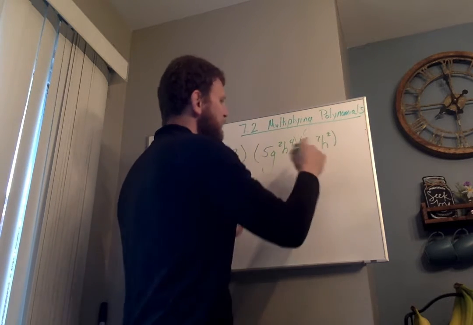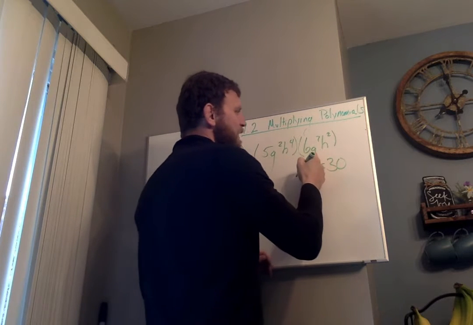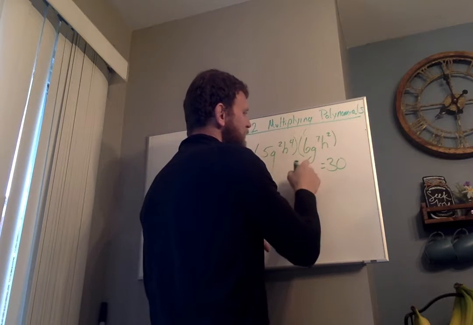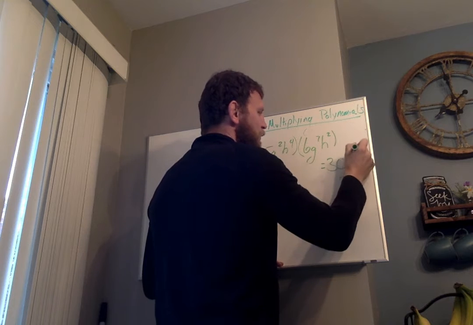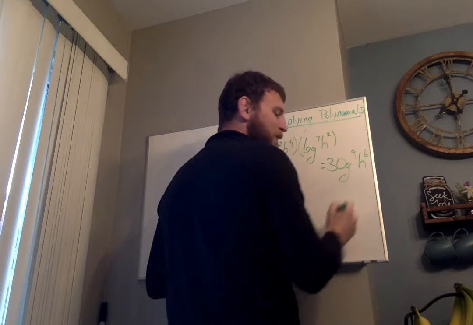So this is going to be 5 times 6, that's 30, g squared and g to the 7th. So g squared times g to the 7th is g to the 9th, because we're going to add those exponents. H to the 4th times h squared is h to the 6th.